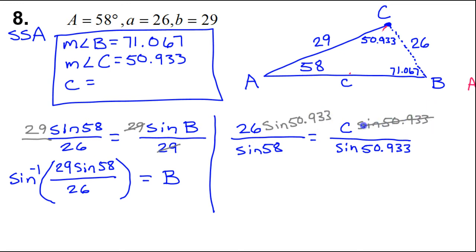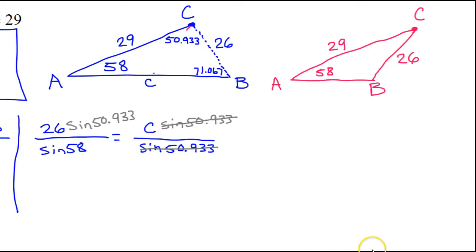Okay, so the sine 50.933 will cancel out, and that will just leave me side C by itself. So I'm just going to put all of this in my calculator. I'm getting 23.804. Okay, so that is the solution of the blue triangle.